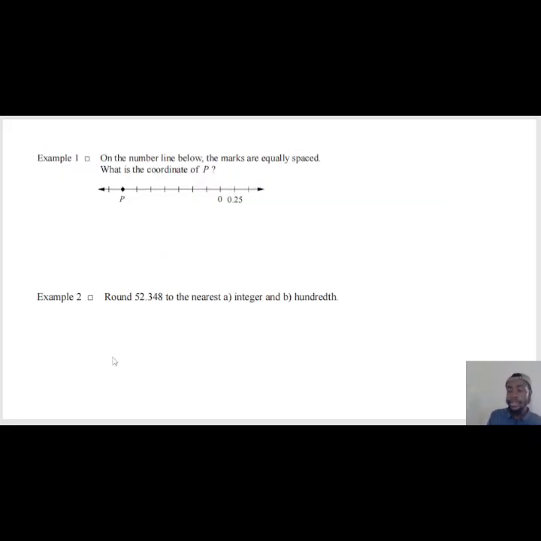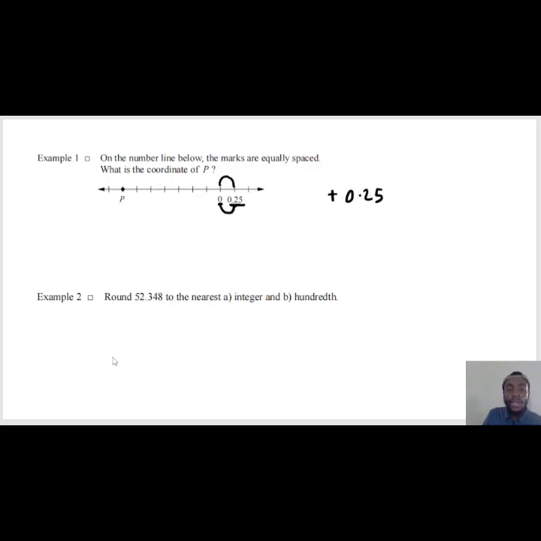I have something like this now. Example 1. On the number line below, the marks are equally spaced. What is the coordinate of P? Now, if you pay attention, you can see that this is 0, and this is 0.25. So for them to say that it is equally spaced, it means that from one line to another line is 0.25.